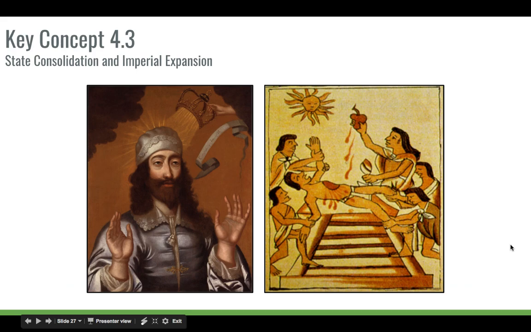Now, in addition to this, religious ideals were used to legitimize and consolidate power. Some examples of this are divine right in Europe. Here you see a king being crowned by the hand of God.